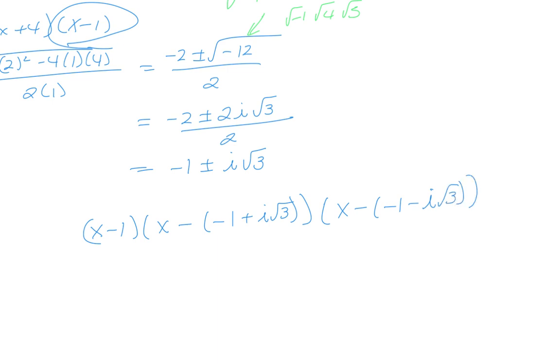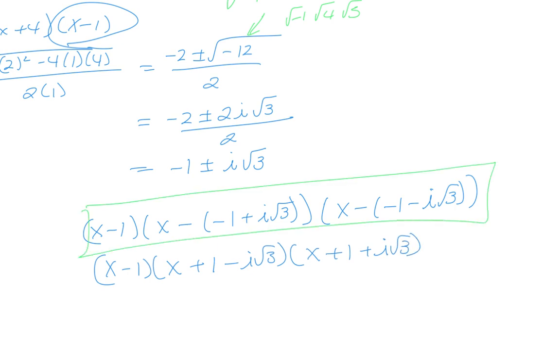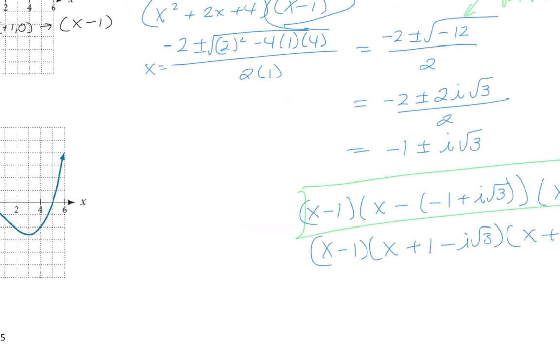Notice I pretty much wrote out the -1 plus and the -1 minus, and by default put x minus in front. Now I can pull this negative through to clean it up a bit: x minus 1, times x plus 1 minus i square root of 3, times x plus 1 plus i square root of 3. However, it is perfectly legitimate to leave it as your answer in that form.